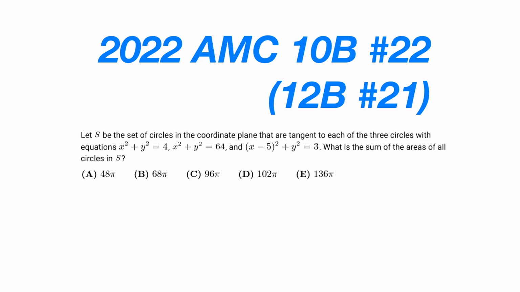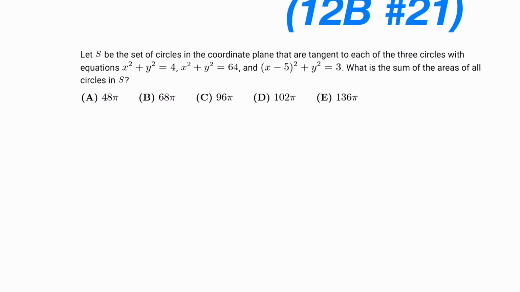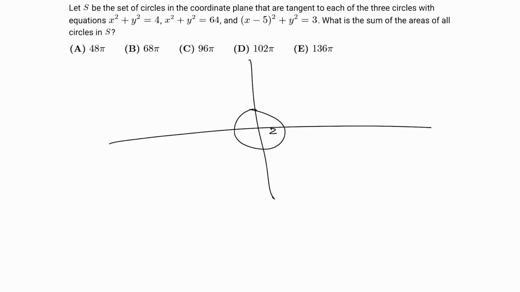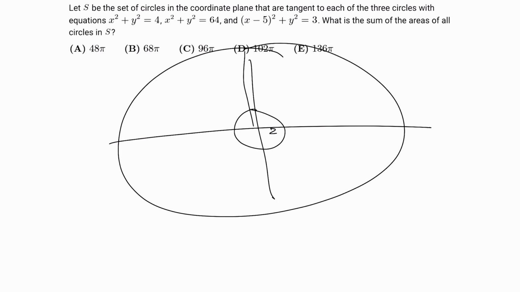So let's get started. It says, let S be a set of circles on the coordinate plane that are tangent to each of the three circles with equations x squared plus y squared equals 4, like a circle with radius 2 at the origin; x squared plus y squared equals 64, a circle with radius 8 at the origin as well; and (x minus 5) squared plus y squared equals 3, so the center is at (5, 0) and the radius is going to be the square root of 3.